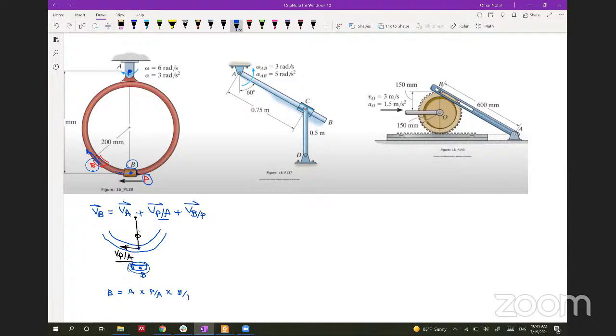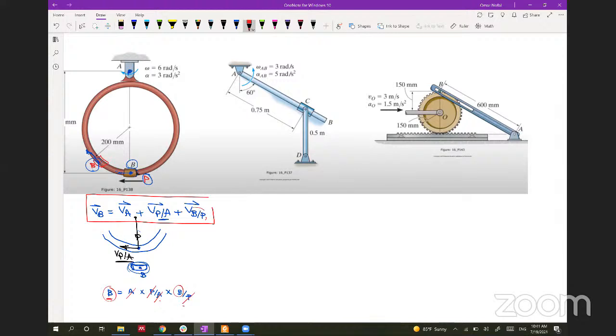Now I made some typos here. If I want to check, I put the subscripts and multiply them together. You will find that A cancels A and B cancels B, so you will find that B is equal to B.